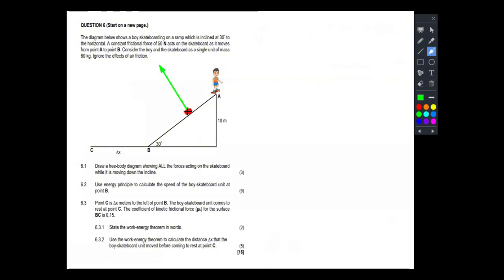And then just down here, we have our gravitational force. And then obviously, because the boy is sliding down, that means we have to have frictional force that is opposing the motion. So there we go, parallel to the slope, parallel to the surface, that's your kinetic frictional force, right?